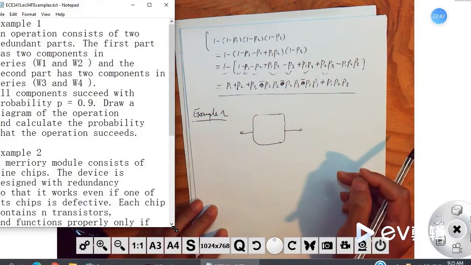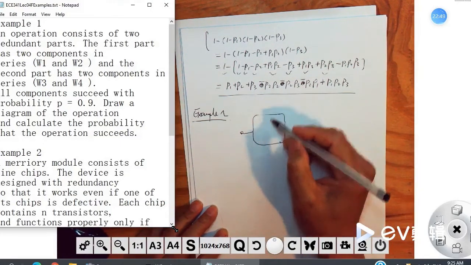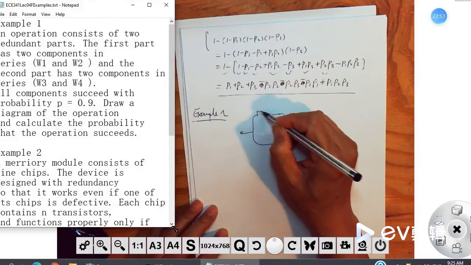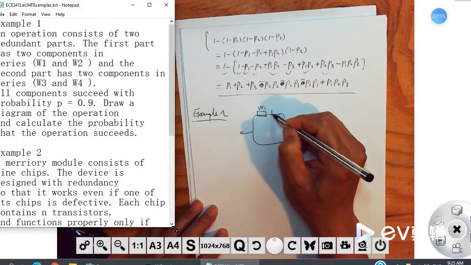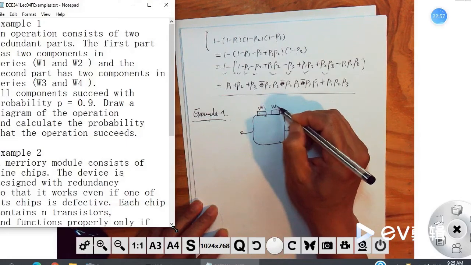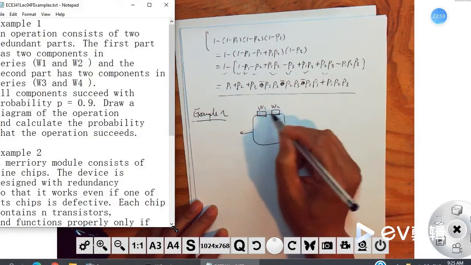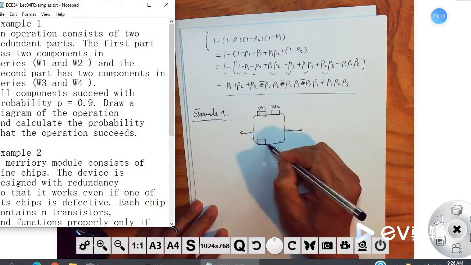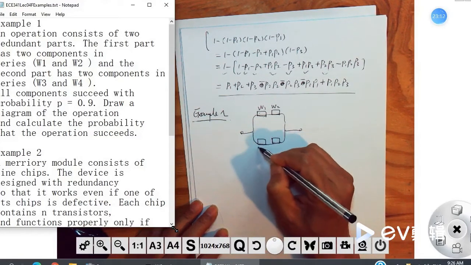The first part has two components in series, W1 and W2. Here we separate this as two parts. The second part also has two components in series, W3 and W4.